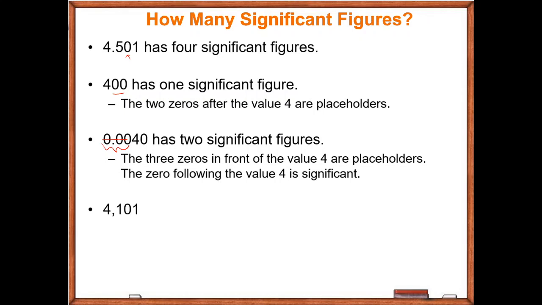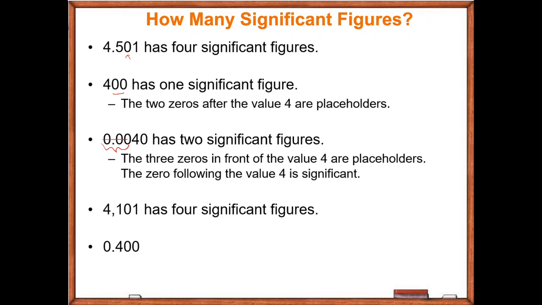Last one, 4,101. This time I have a comma. This one is a little bit tricky, and the reason why is based on how we would read it in the US versus how someone in Germany or Russia might read this number. If we're in America, we would say it has 4 sig figs.